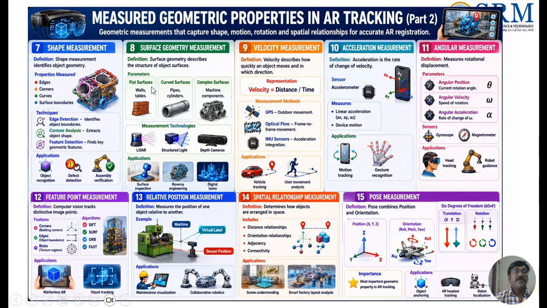It can be made up of flat surfaces, curved surfaces, and complex surfaces. Using LiDAR, structured light, or a depth camera, we can get surface inspection, reverse engineering, and digital twins. In velocity measurement, the velocity describes how quickly an object moves and in which direction. And using these technological measurements, we can know about the movement of the object.